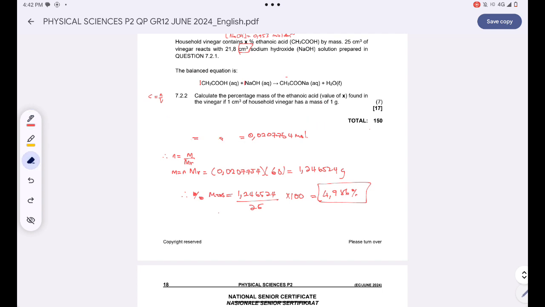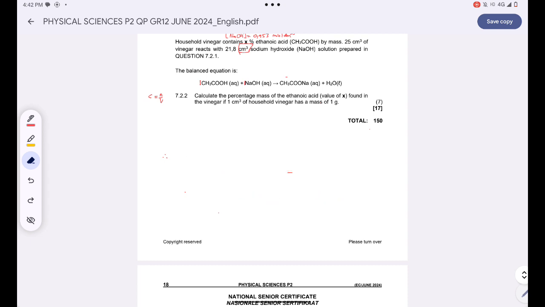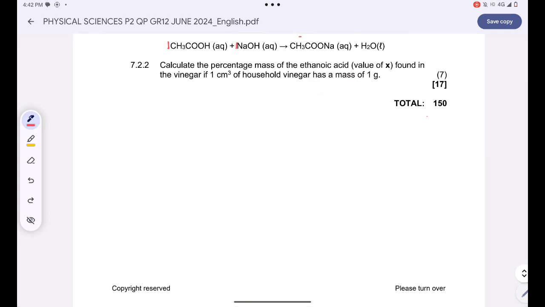Okay, let us do the second option. For option number 2, since my base completely neutralizes the acid, I can simply use my titration equation. I can simply say Ca Va all over Cb Vb is equal to Na over Nb.